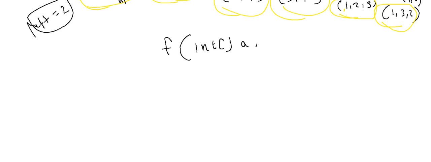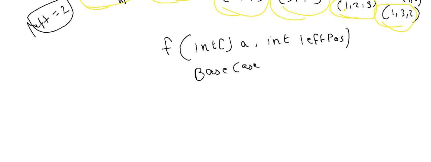Then we are going to pass the left position, which is going to start with 0 at first. And what else? Nothing, that's it. So what is our base case for this recursive function?